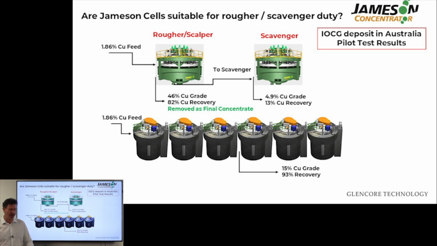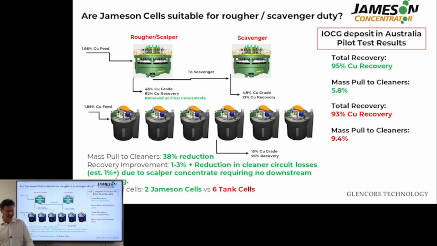The first stage was a rougher scalper and then a scavenger duty. We achieved 95% recovery in total, compared to 93% copper recovery with the mechanical cells on site. That was the actual site performance, and we added an extra 2%.